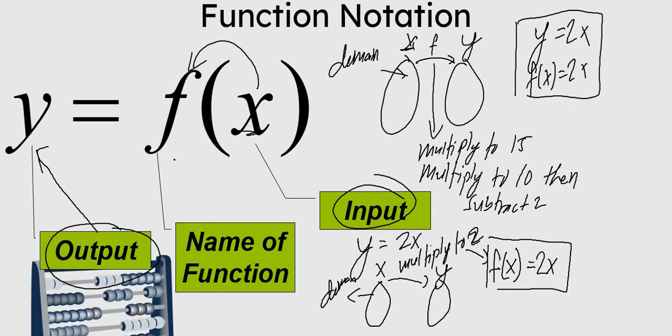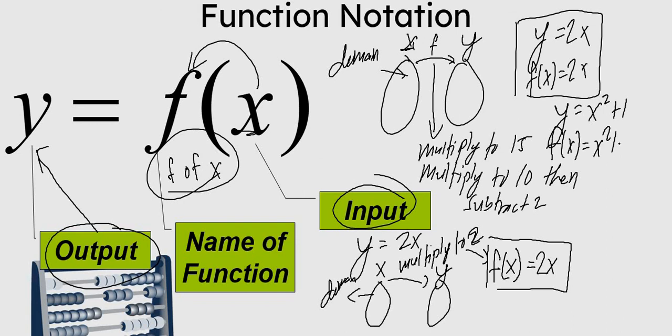This is read as, let me place it here, f of x, not f times x. This is f of x, and more often than not, we will interchange our equations for our functions, like y is equal to x squared plus 1, and I will also write f of x is equal to x squared plus 1. And that is the function notation.